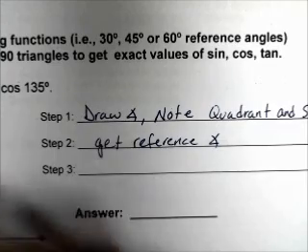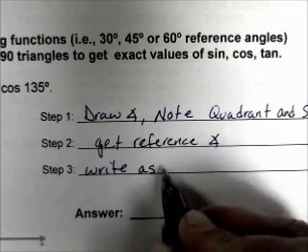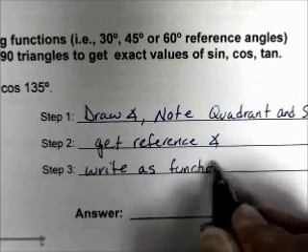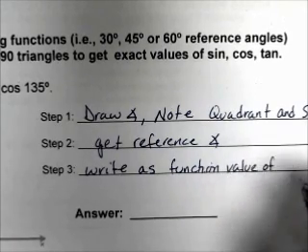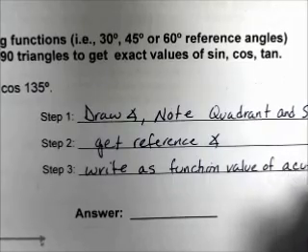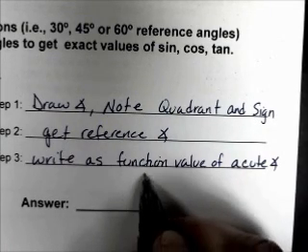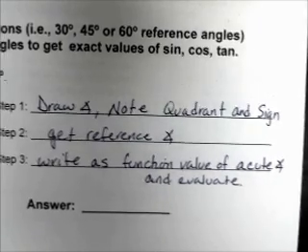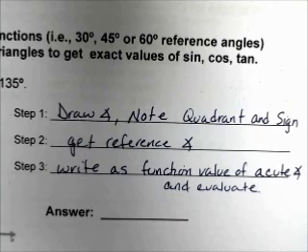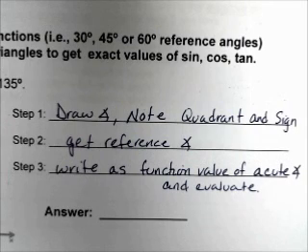Then we're going to write the function as a function value of an acute angle and evaluate. So, draw the angle, note the quadrant and its sign, get a reference angle, write as a function value of an acute angle, and evaluate.